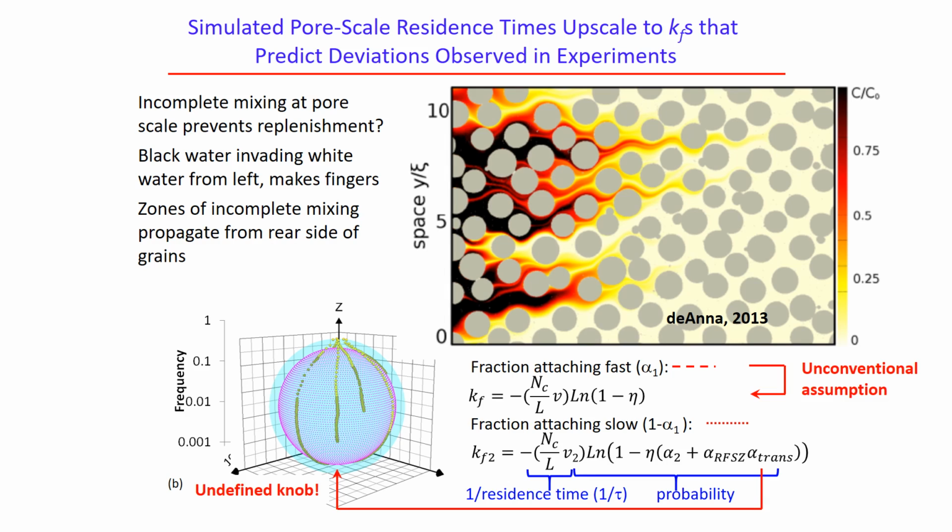And more important, we use the unconventional assumption that the fast attaching population is depleted. It is not replenished during transport. And so we ascribe that to incomplete mixing.